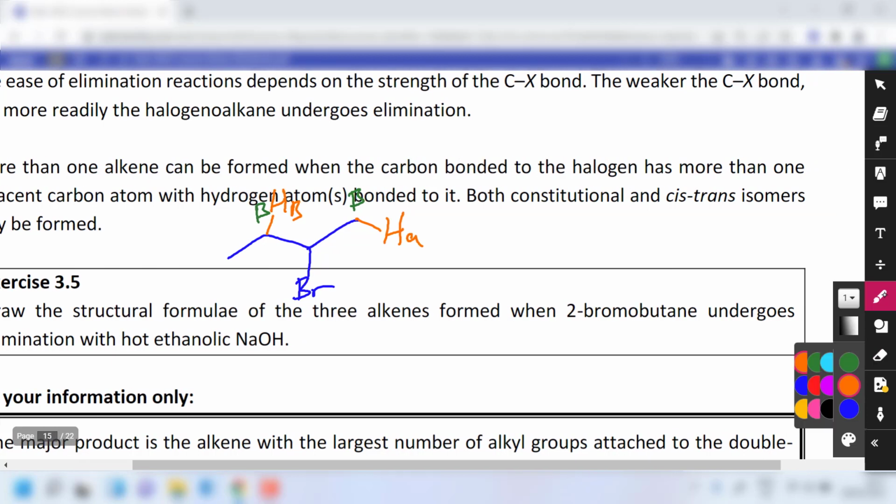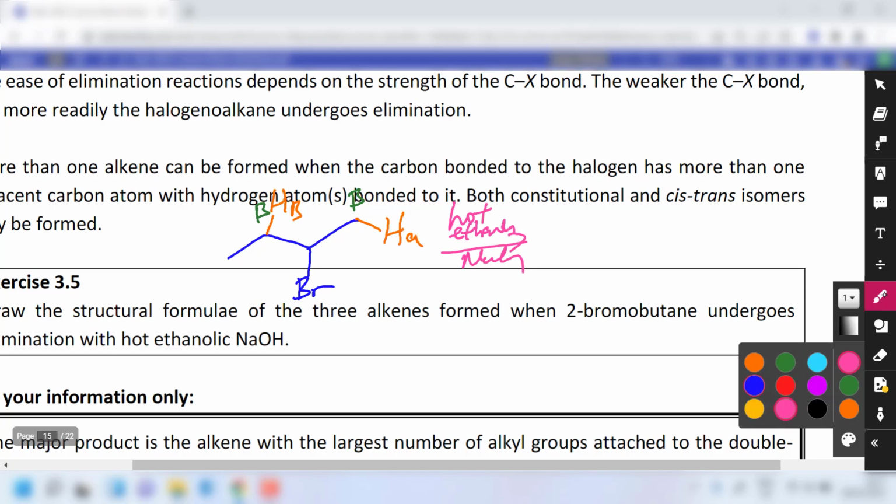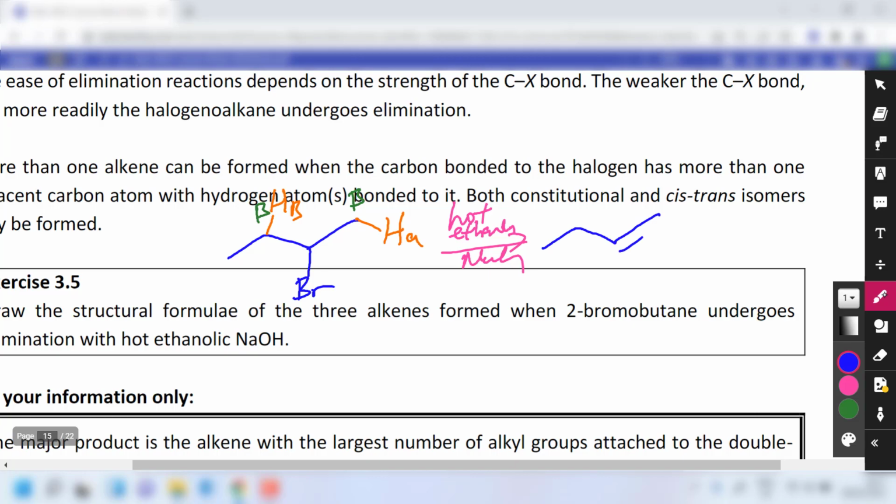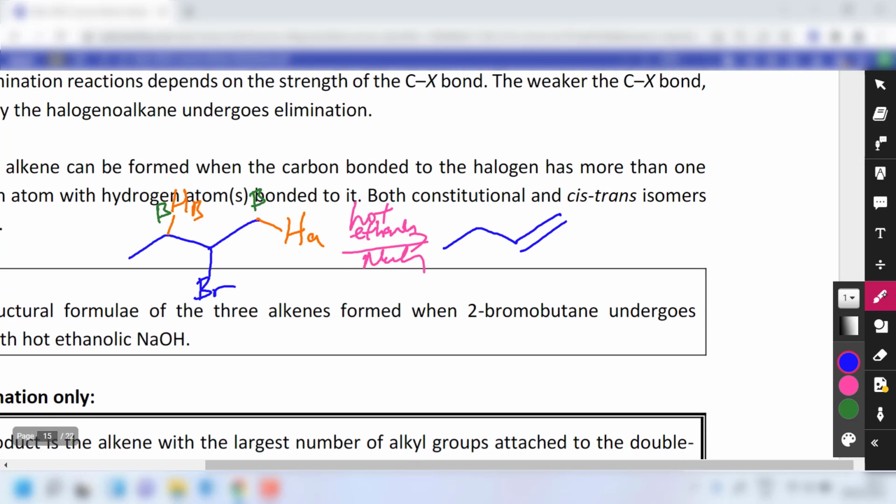So that also means that in the course of elimination, with hot ethanolic NaOH, I'm going to form an alkene first by eliminating HA and Br. So this is what I'm going to get. And then next by eliminating HB and Br.